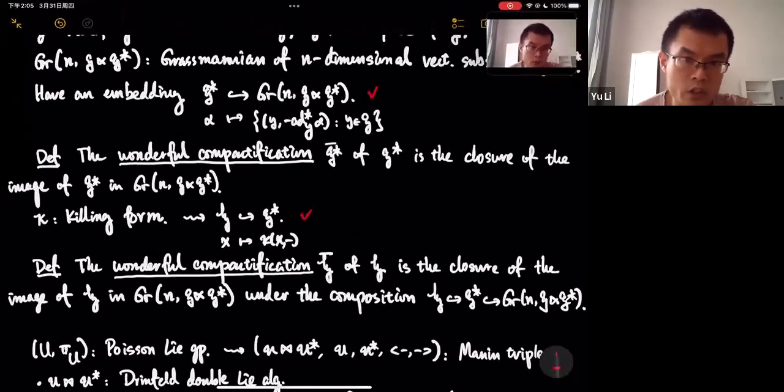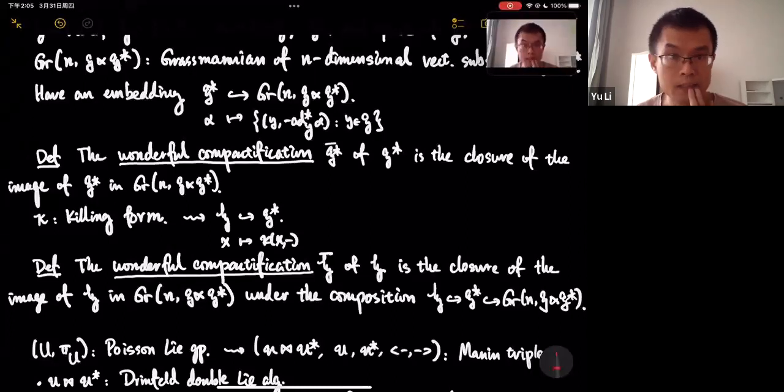So I can take the closure of h inside the Grassmannian. This closure is denoted by H bar, and it's called the wonderful compactification of h. These are simple definitions. Are there any questions so far?